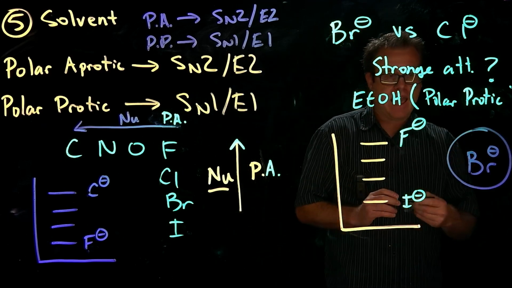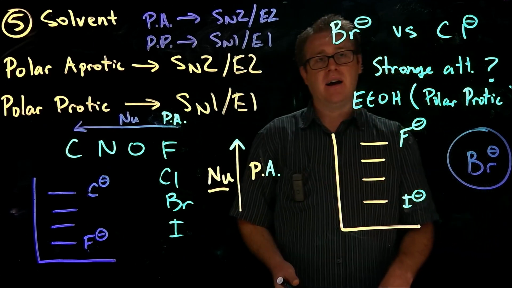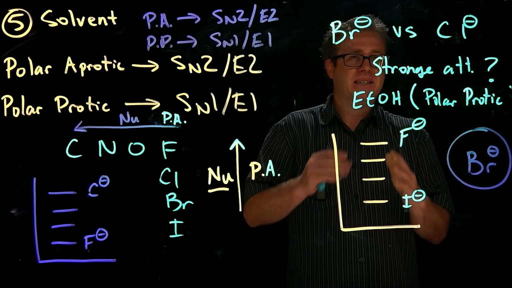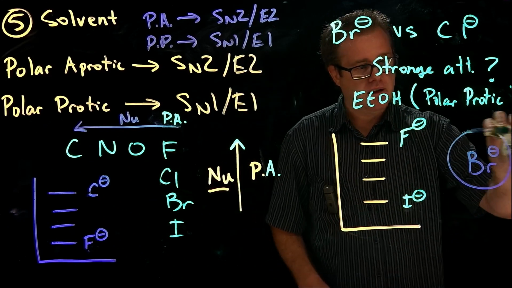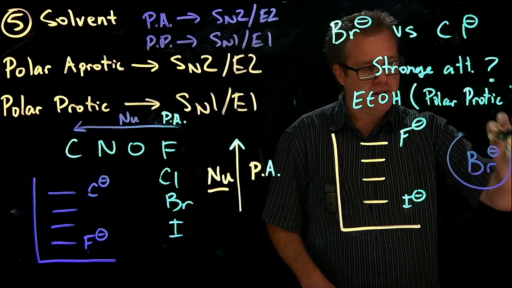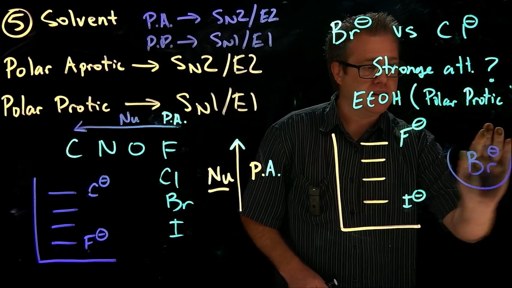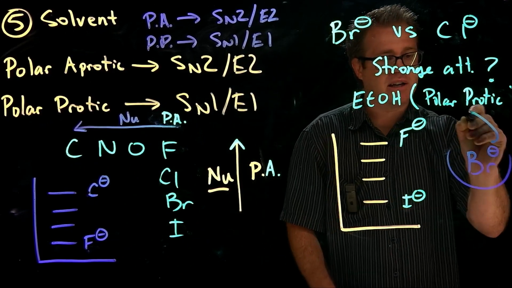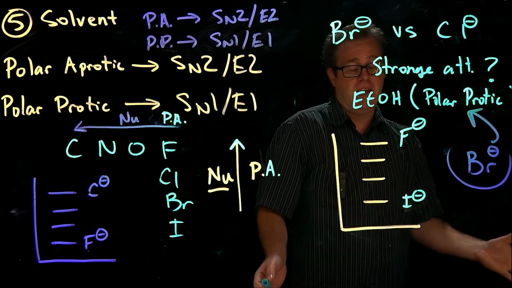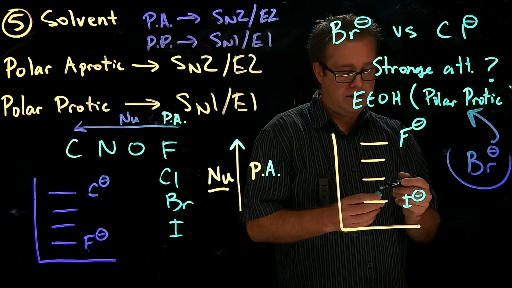And in order for that anion to act as a nucleophile, it has to basically shed this solvent. It's not going to be able to shed all of it, but it needs to get rid of some of that solvent in order for that negative charge to come in and attack the electrophile. We've got to get rid of that solvent.